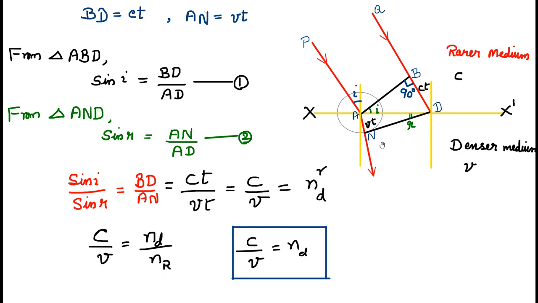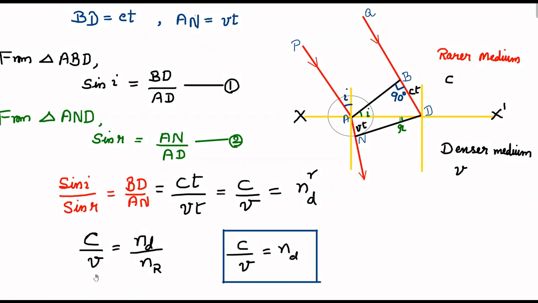If the rarer medium is air, then nr equals 1. The equation can be written as C by V equals nd, the refractive index of the denser medium, which is the law of refraction.